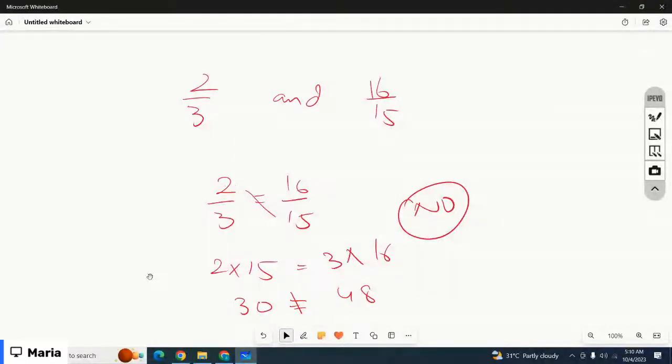Are you done? Okay, let's do the next example. The next example is 3 over 5 and 12 over 10.